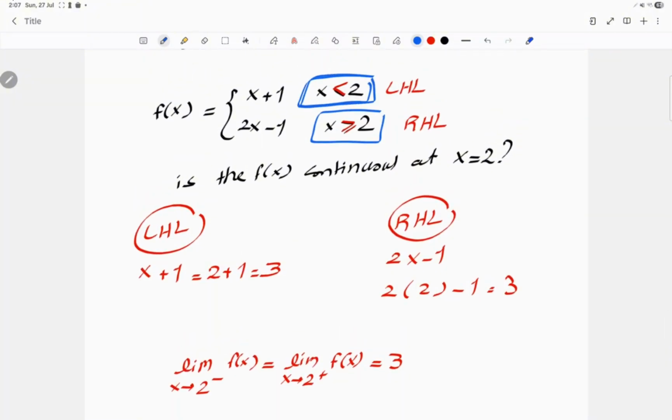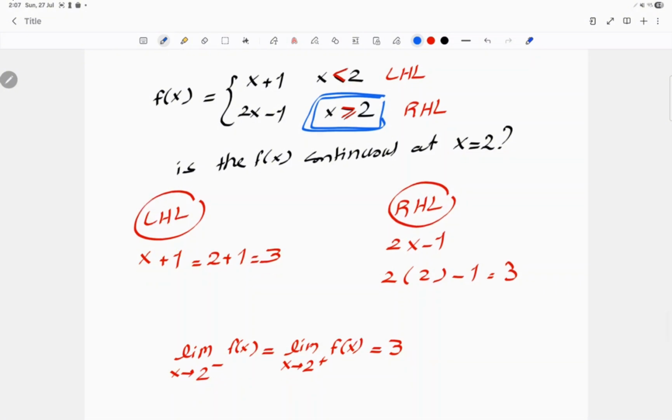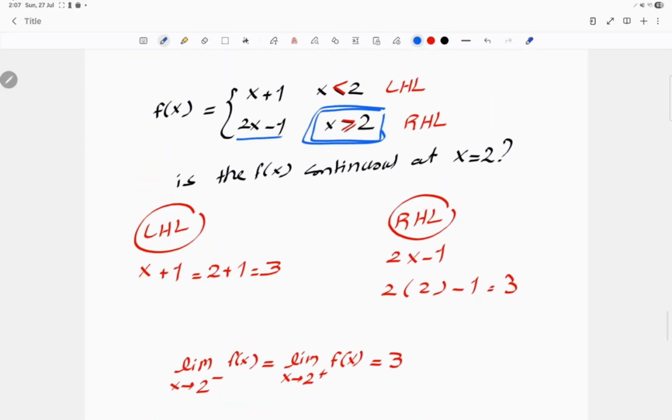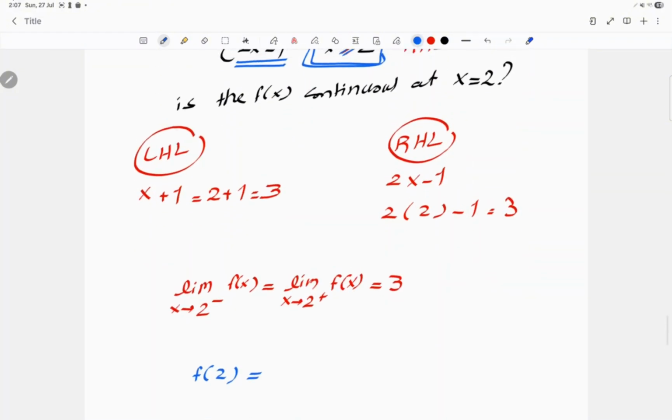Always use the equal sign one. Always. So to find f of something, always use the equal sign notation. That means to find f of 2, I must use the bottom one, which is 2x minus 1. Why? Because there's an equal sign in there. So you're going to have 2x minus 1, and instead of x put 2, we get 3.